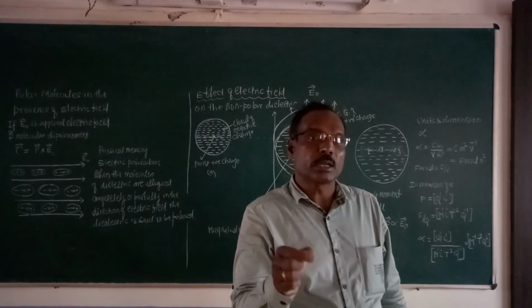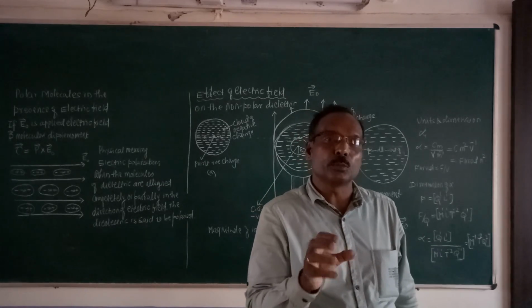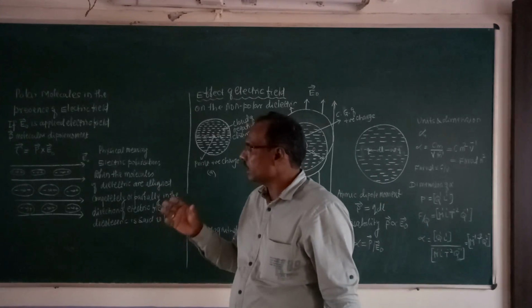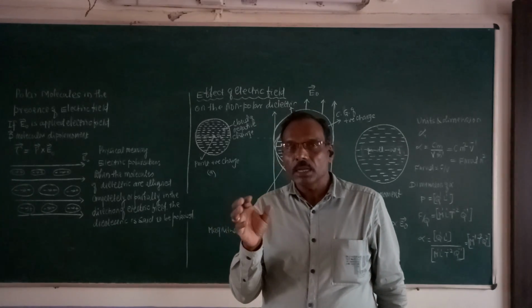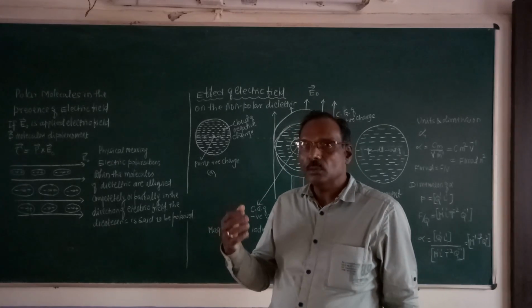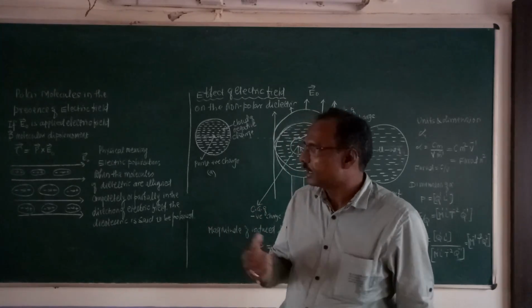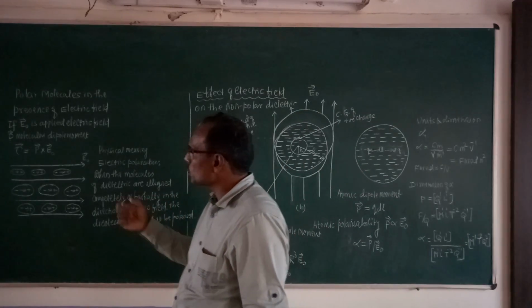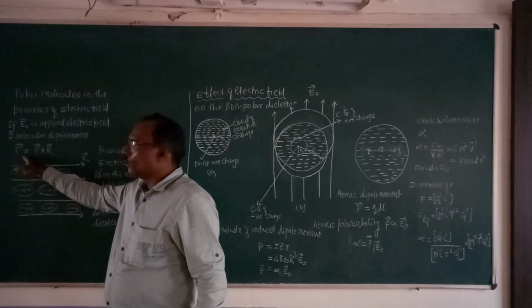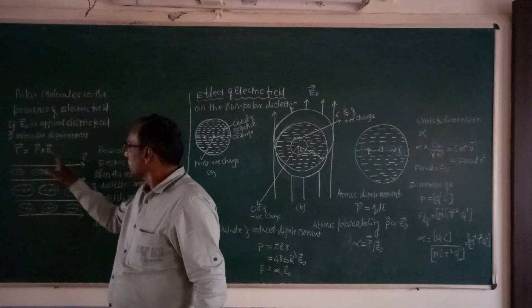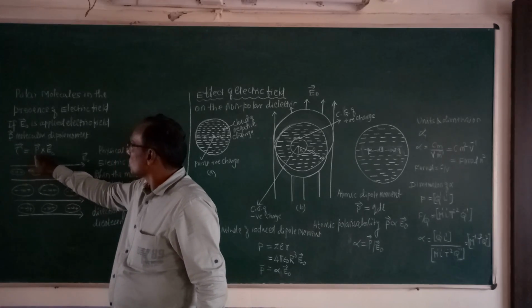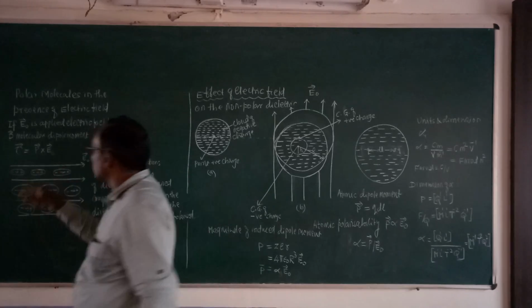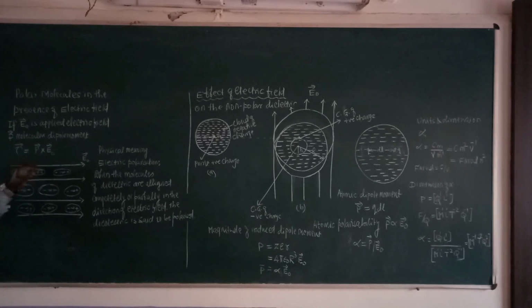Torque aligns or tends to align the randomly distributed dipole moments in a bulk, and depending upon the strength, the alignment will be complete or partial. The quantity responsible for the alignment of each molecule in the direction of the applied electric field is torque. Torque is equal to P cross E0, and this torque tends to align the molecules partially or completely.